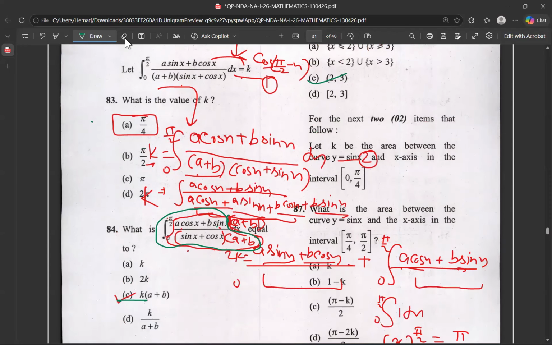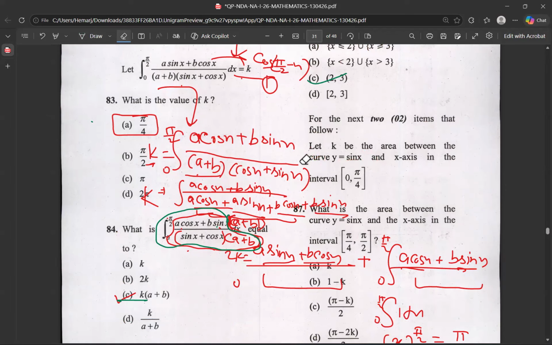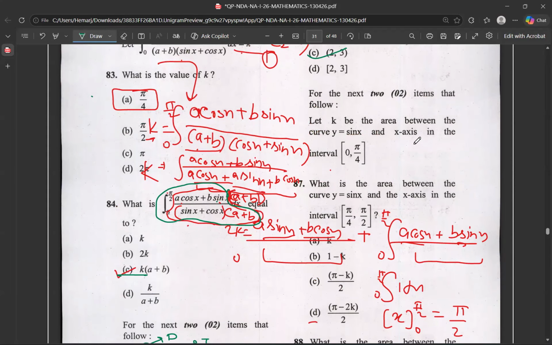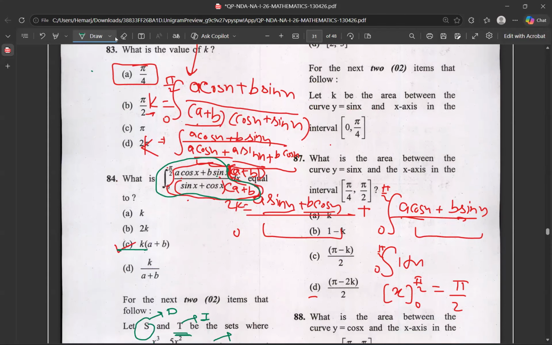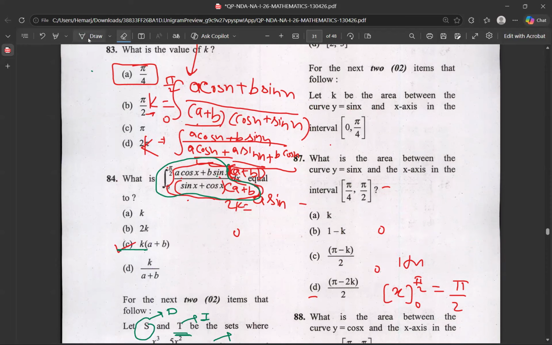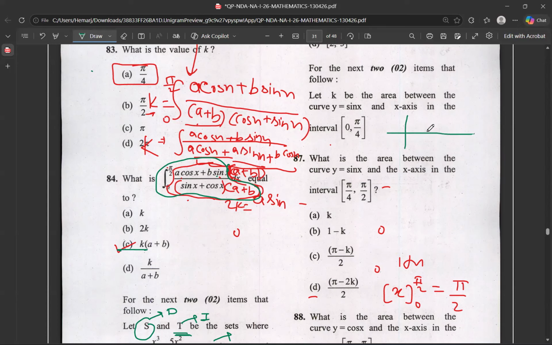Question 87. Let K be the area between the curve y equal to sin x and the x-axis in the interval 0 to pi by 4. So, if I draw it here, this is the curve of sin x.